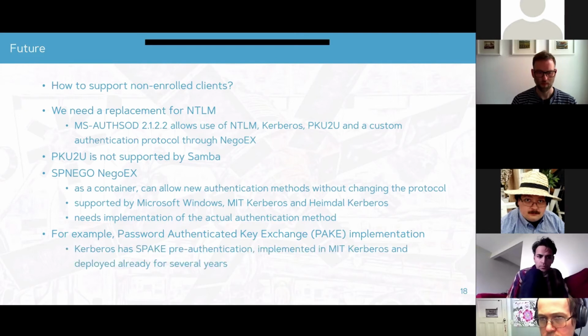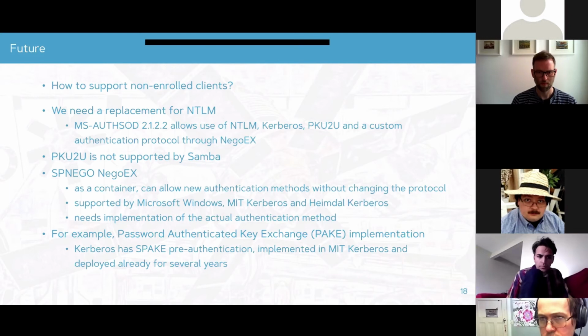For example, there is a specification almost ready to be an RFC for SPAKE, already implemented in MIT Kerberos, already used in FreeIPA and other places, that is much better than the other pre-authentication mechanisms in Kerberos that use this password authenticated key exchange.